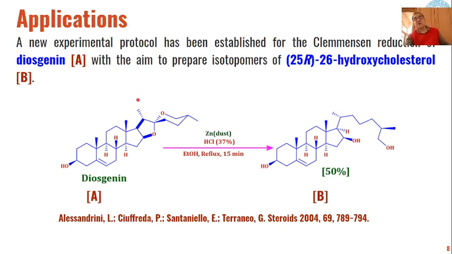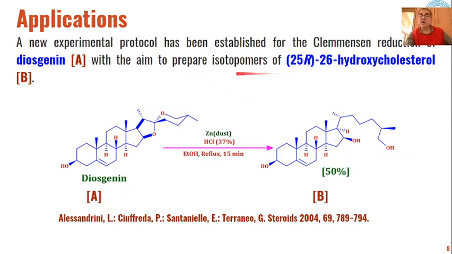Then in case of diosgenin, you can see that the opening of this cyclopentane ring containing oxygen, so the tetrahydrofuran ring, will occur by reduction, and diols of this type will be formed.